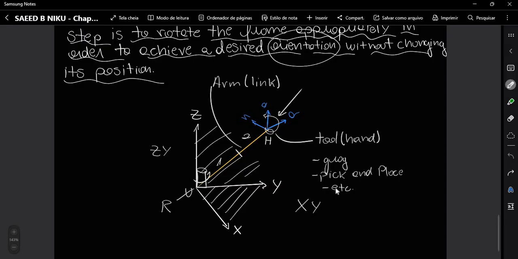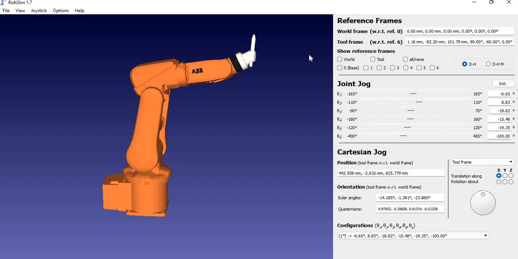Okay, so we wanted to do a rotation on this hand without changing its position. So let's see. This is what we are doing right here. We are doing rotations and changing its orientation, and not changing the position.